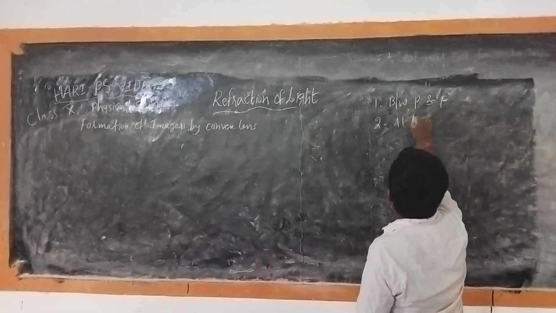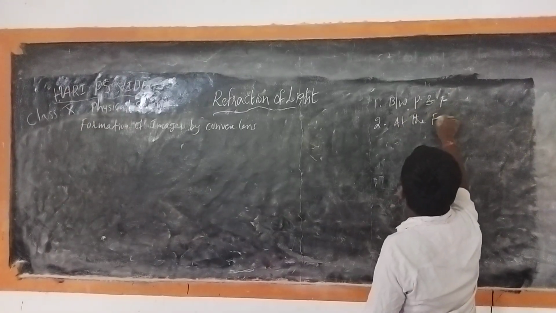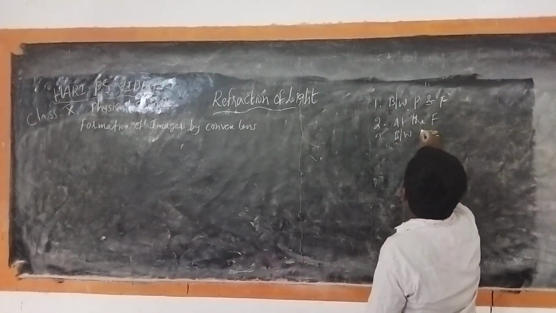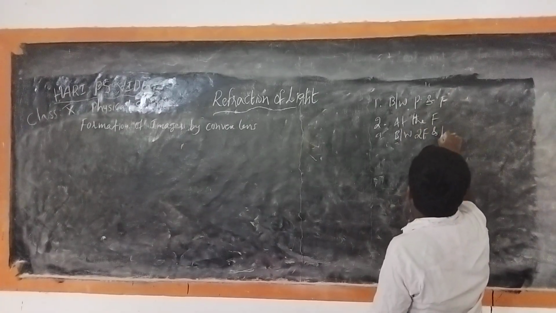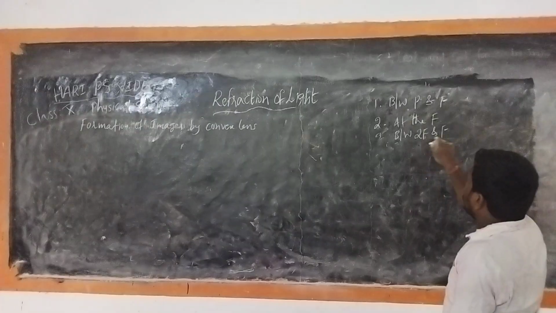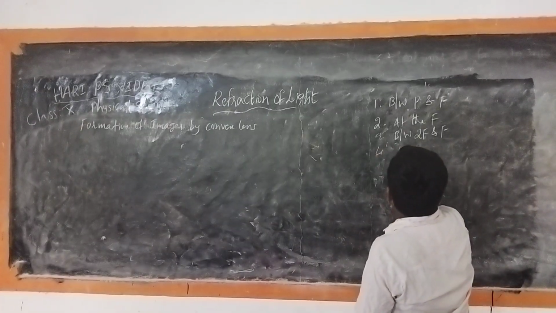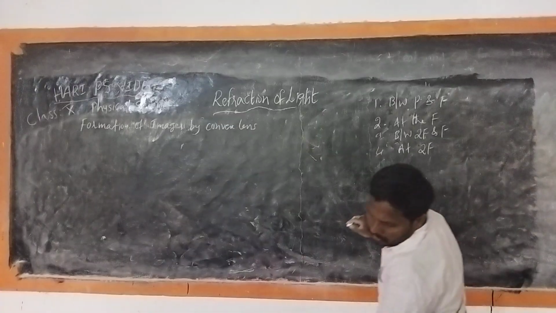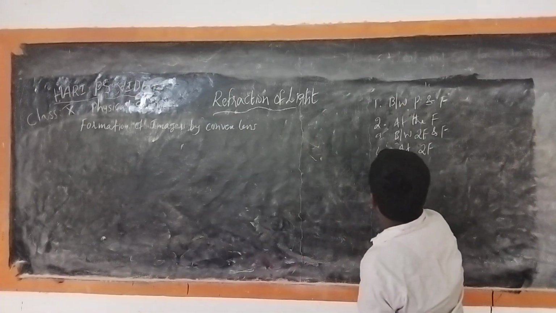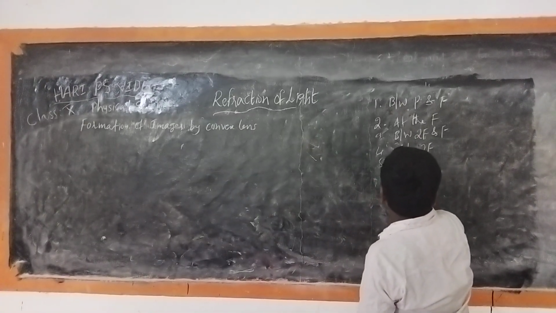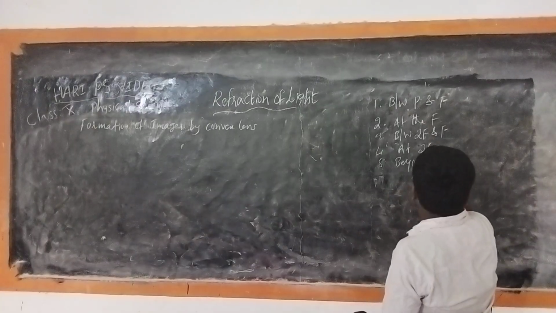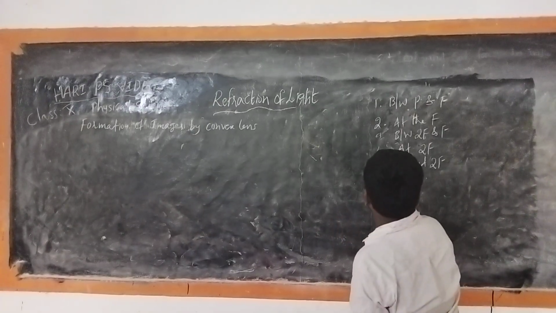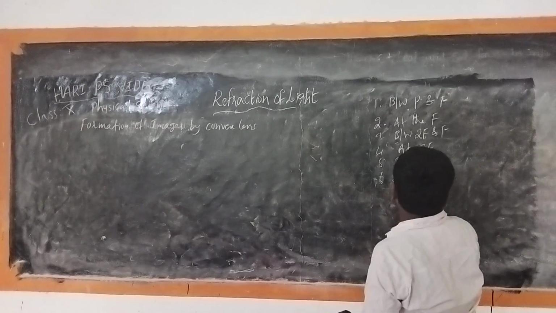Then at the focus, then between 2F and F, then at 2F, next behind 2F, and the sixth one is at infinity.